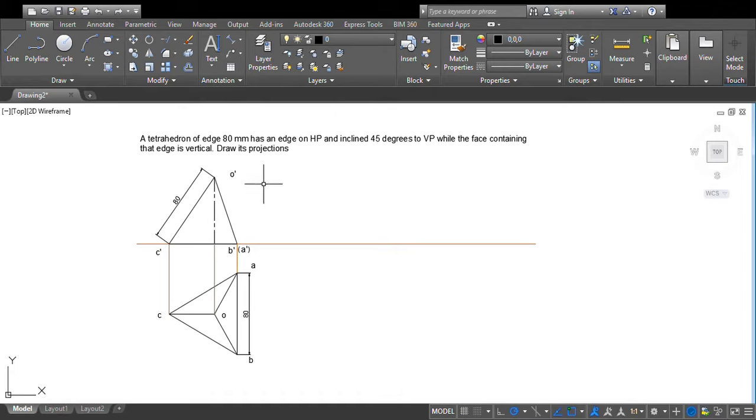Now let's see what is given. It is given that the face containing that edge is vertical, and that the edge is inclined 45 degrees to the vertical plane. The face is vertical, that means it is perpendicular to the horizontal plane.